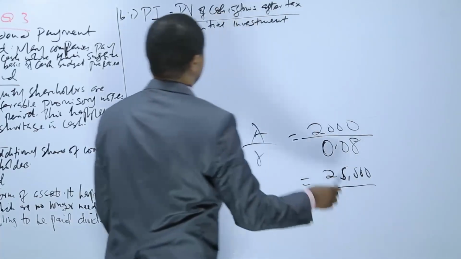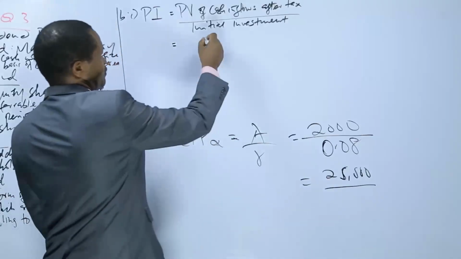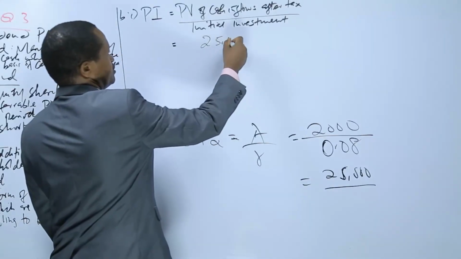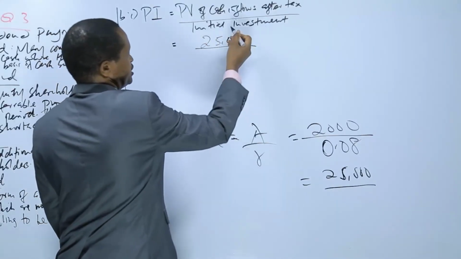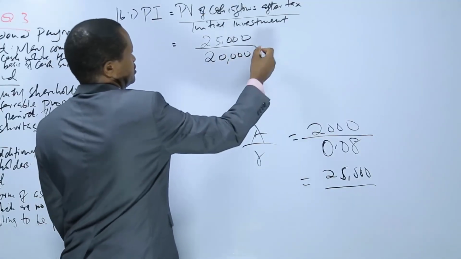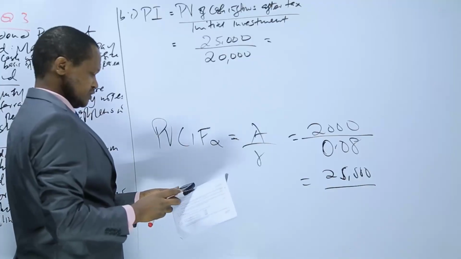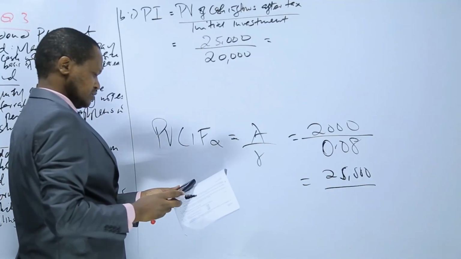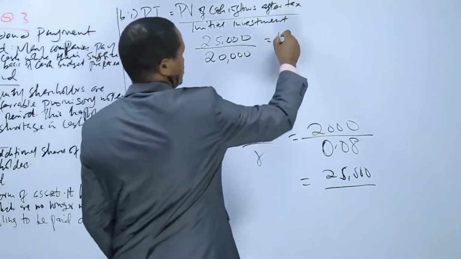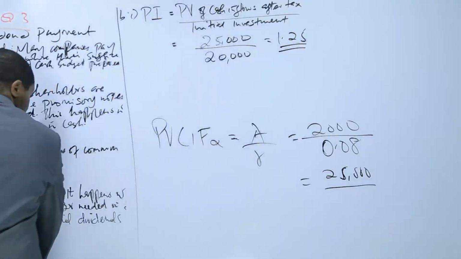So 25,000 shillings is the present value of cash inflows after tax. So we have 25,000 divided by the initial investment from the question, which is 20,000. This is equal to 25 divided by 20, which is 1.25. That is the PI.